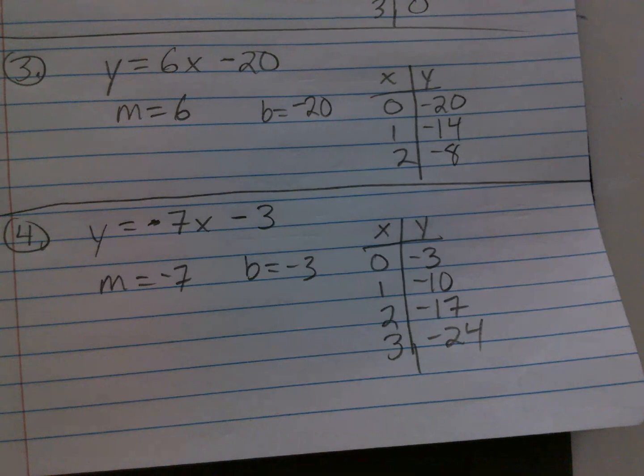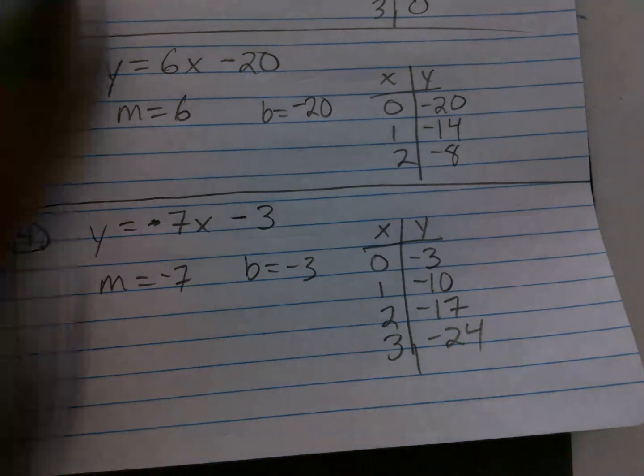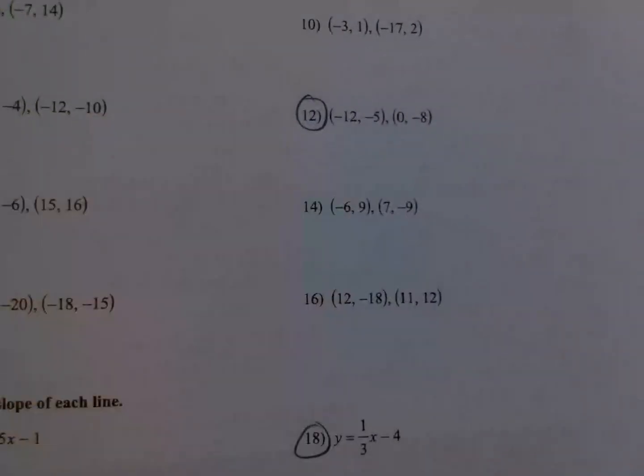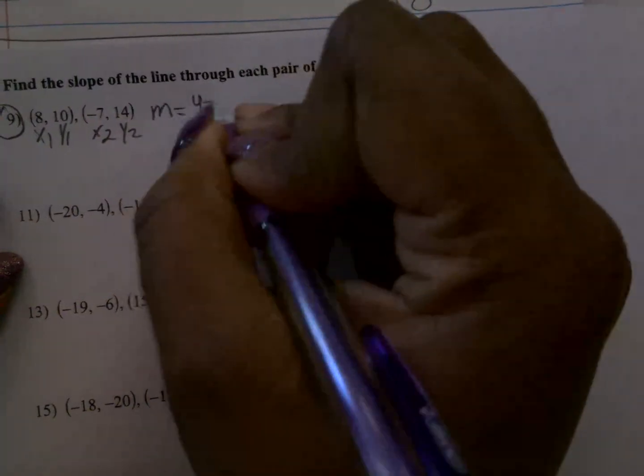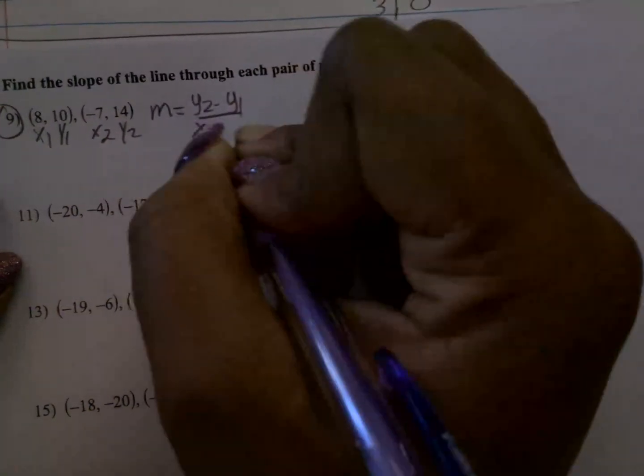All right, so now I need you to work. You got this. Make sure that you work on these. Do not forget that we did this slope already. We said x1, y1, x2, y2. We get m equals y2 minus y1 over x2 minus x1.